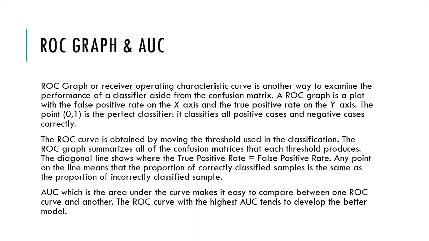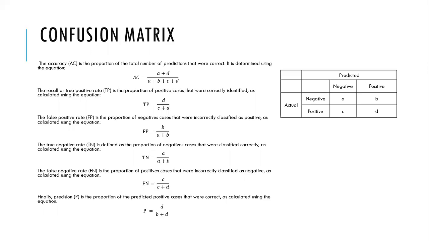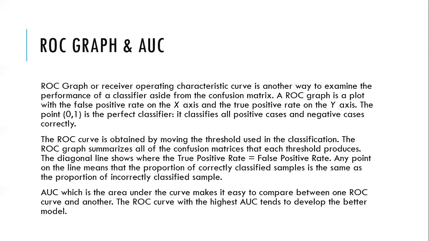Basically, the curve is extracting the information from this portion of the confusion matrix. So what it does is plot the false positive rate against the true positive rate. The false positive rate will be on your x-axis and the true positive rate will be on your y-axis.